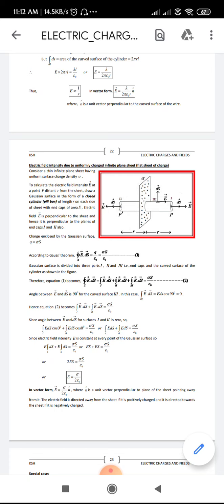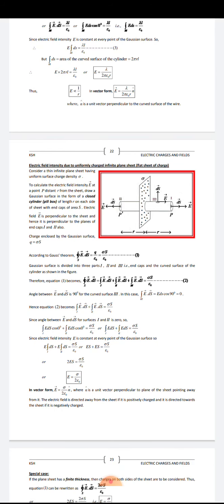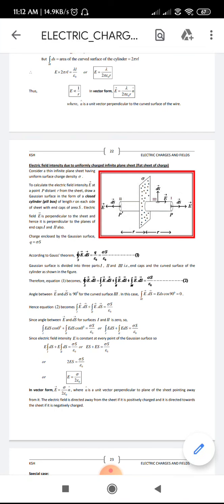The angle between vector E and vector ds in the first part and the second part is equal to 0. So the same thing can be expressed in terms of cos: the integral over the first part of E ds cos 0 degrees plus the integral over the second part of E ds cos 0 degrees is equal to sigma S divided by epsilon naught.